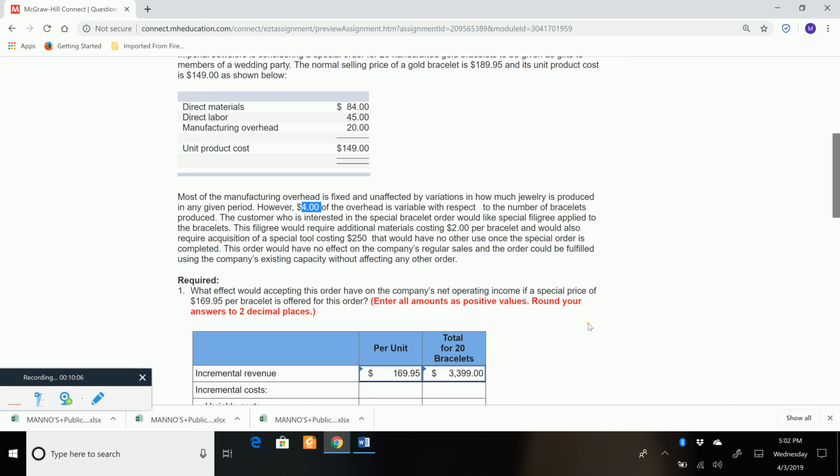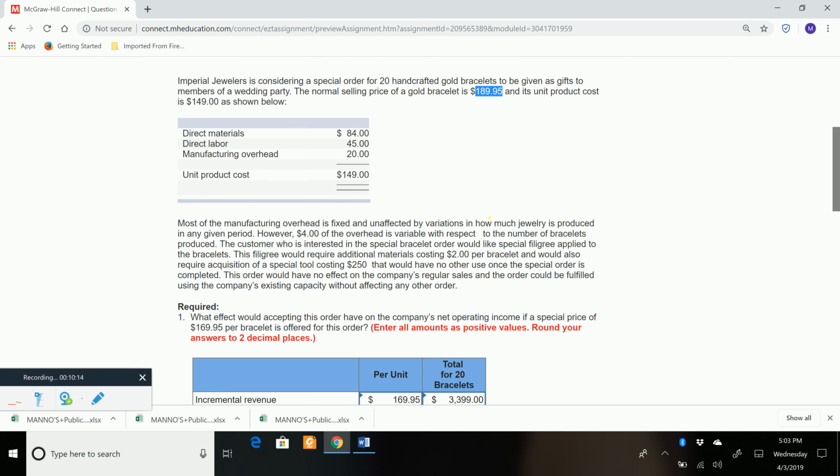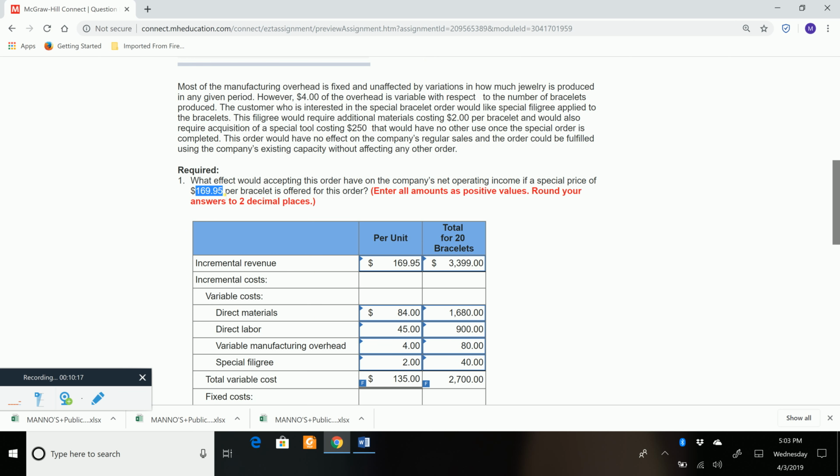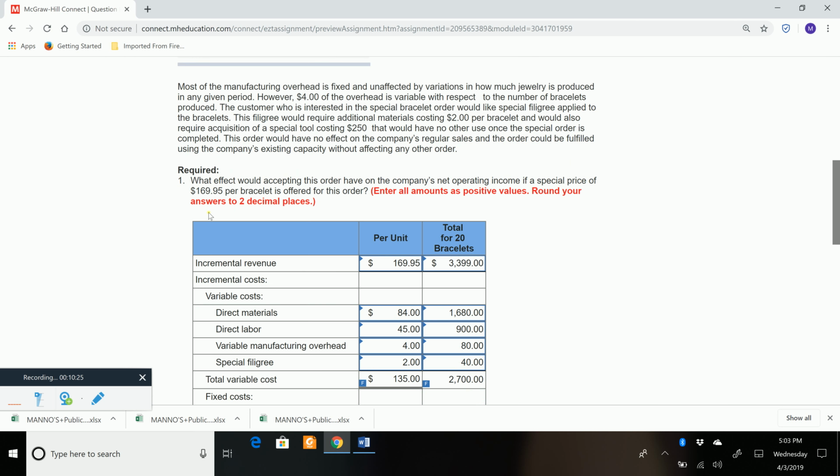So basically what's happening is this special order, they don't want to pay our normal price of $189.95. They only want to pay $169.95 times, how many did they want? 20. All right, so $169.95 times 20.